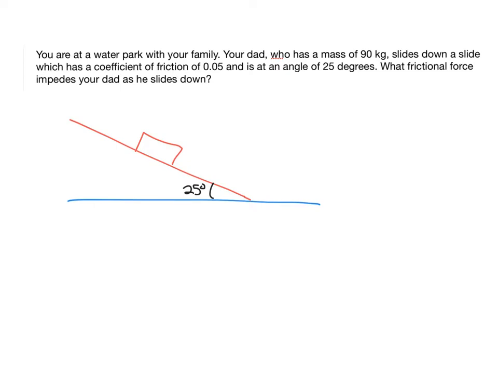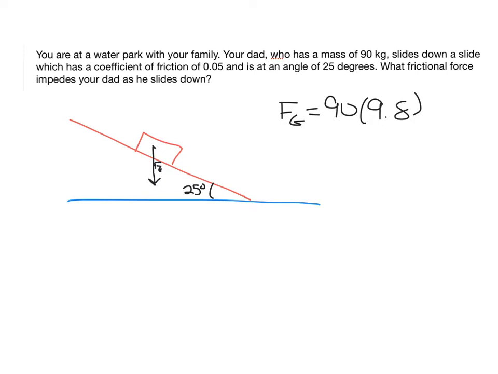The first thing we can figure out is the vertical force. So the vertical force is going to be this downward force right here, which is also the force due to gravity, or Fg. And we know that Fg is going to be equal to your dad's weight, which is 90 times 9.8.